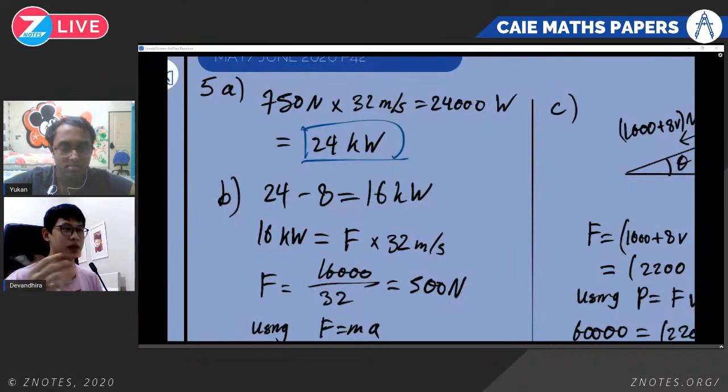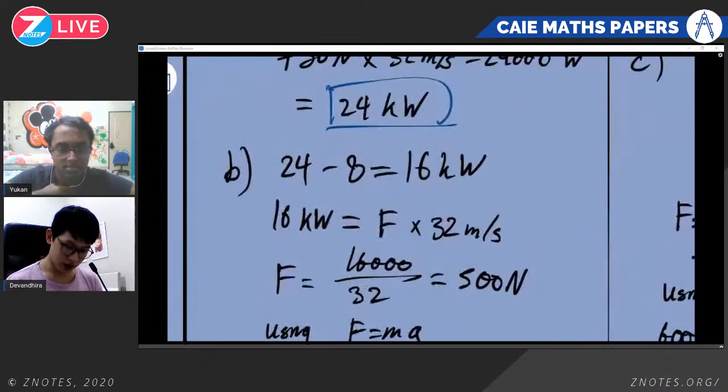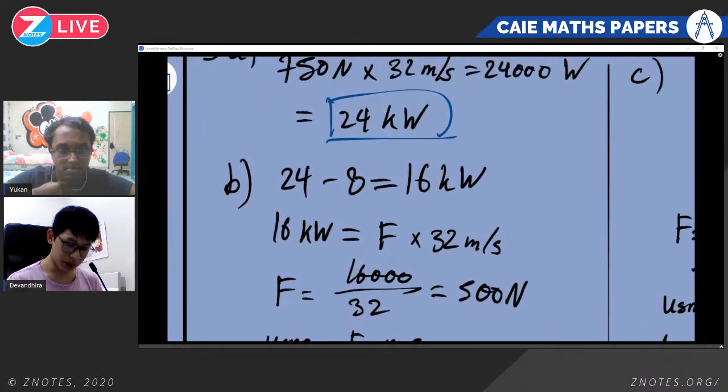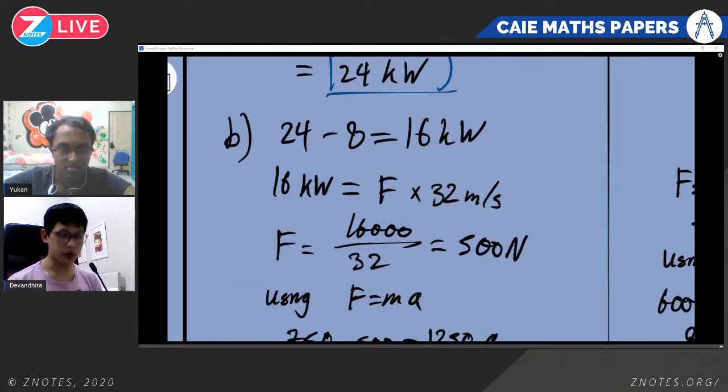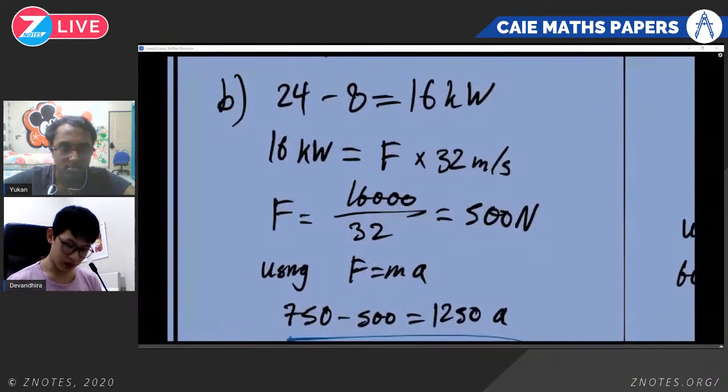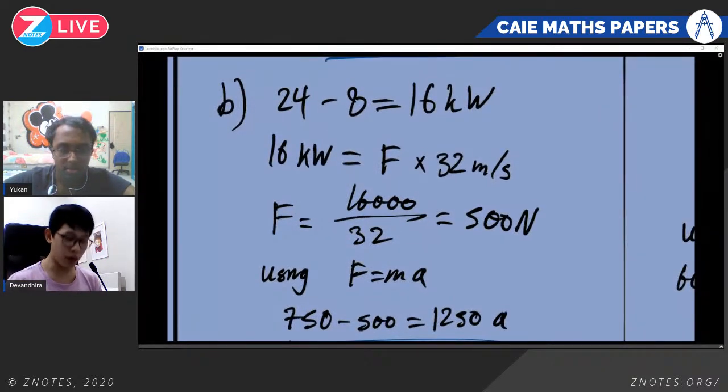It's still instantaneous. So as before, it's the same formula. P is equal to FV right here. This is our P, this is our F and V. So we need to find our new force. So we can just divide both sides by 32. Don't forget to make this 16,000 again. So 16,000 divided by 32, that's 500 Newton.